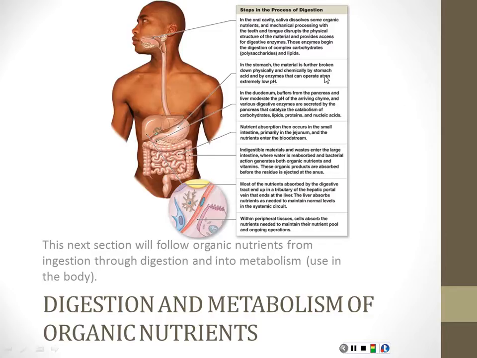In the stomach, we have a lot of protein digestion that occurs. In the duodenum, that's where we get the secretions of the liver and the pancreas that get added to the mix that are going to trigger digestion. In the jejunum, we get nutrient absorption as well as the last steps of digestion.